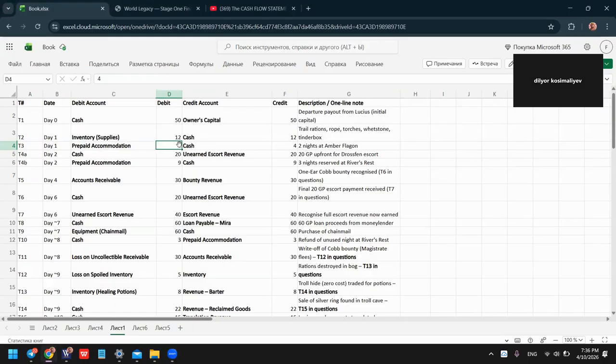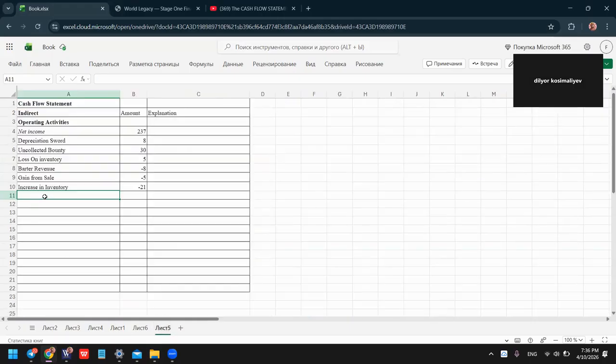So firstly she prepaid 4, and then she didn't stay there and she left here. So here we have 9, and she stayed there for 2 days. So 3 per night, it will be 6 in total, and she got 3 refund. So we add 4 and 3, we get 7. And this 7 we can record as prepaid accommodation.